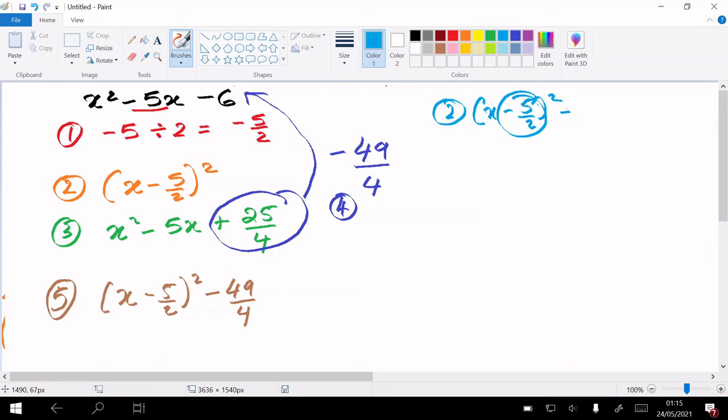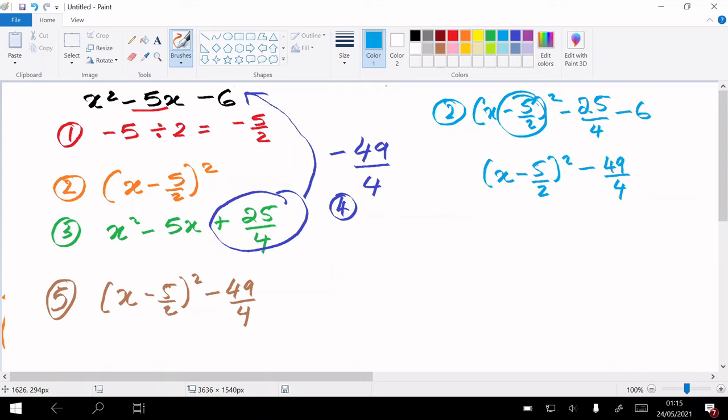So you do minus 25 over 4. What you really want is a minus 6. So then you minus 6. That will give you the exact same thing as x minus 5 over 2 whole squared minus 49 over 4. So regardless of what method you prefer, it always gives you the same end result.